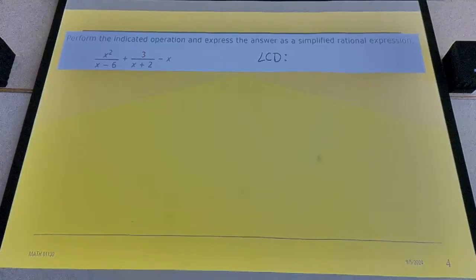What is the least common denominator here? X minus 6 and X plus 2. What winds up happening is we're going to multiply every single term by that LCD over the LCD.